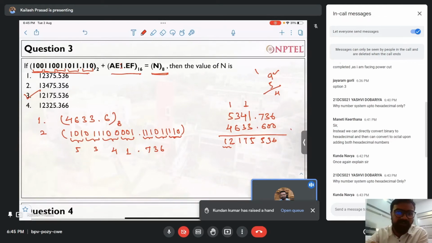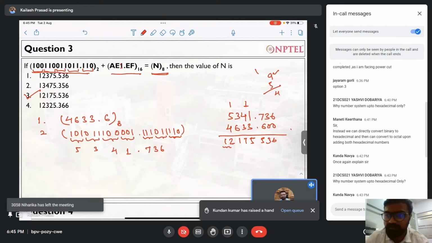But if any time in the future we require a number system to represent a very large number in a smaller fashion, we have to go with a larger base as compared to hexadecimal.